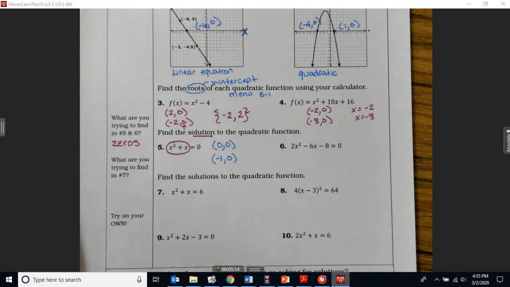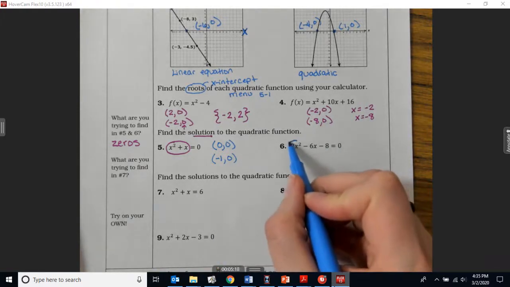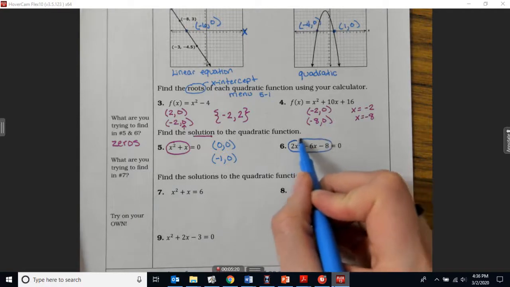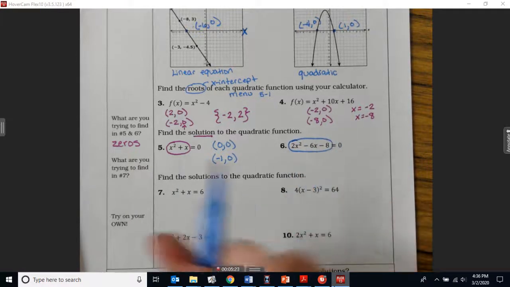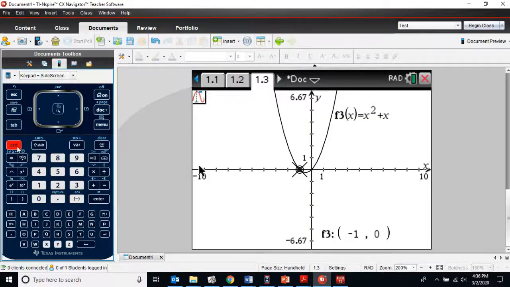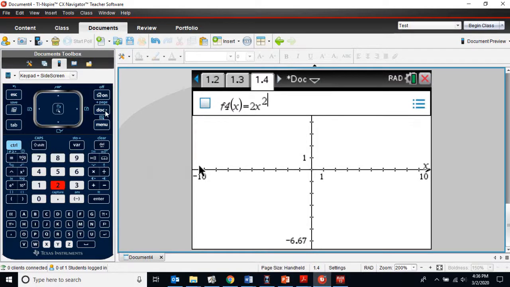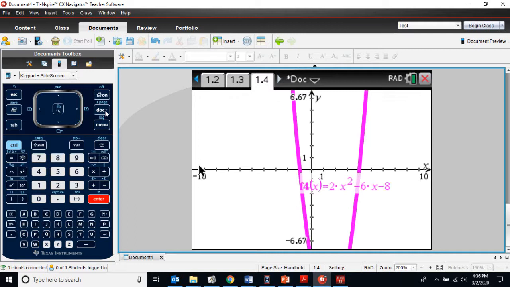On number 6, since the equation equals 0, that means we are finding the zeros, and we're going to type just this part into the graph page. So Control Dot, and we're going to type in 2x squared minus 6x minus 8. And we can see both of these, 1, 2, 3, 4, and -1.